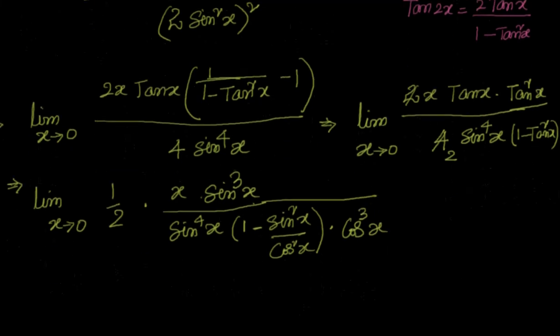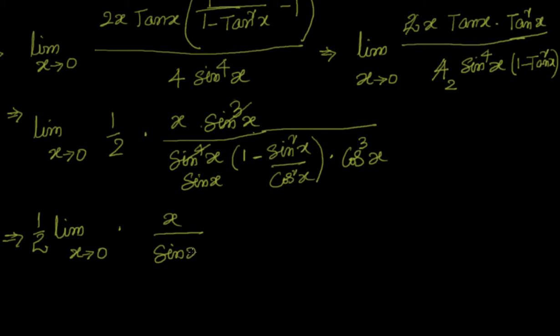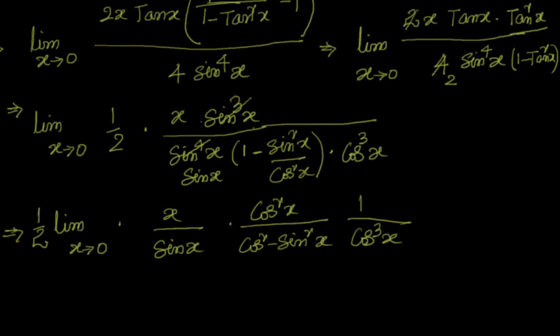So this is equal to the limit x tends to 0 of half into, if you simplify, you will have sin x here, half into x by sin x into cos square x by (cos square x minus sin square x) into 1 by cos cube x. I can simplify that.